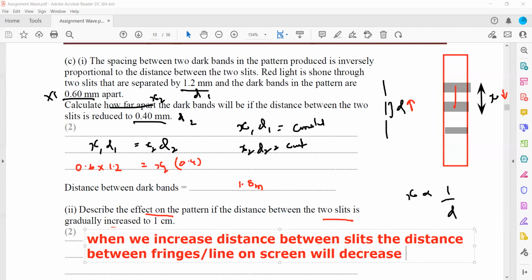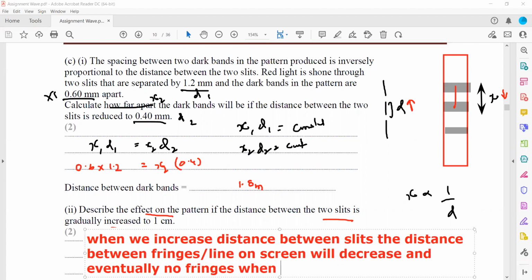So initially the bands will get closer together, and eventually the gap is too large, like the gap size is too big, so maybe no fringes will be seen, or no lines will be there when the gap is too large.